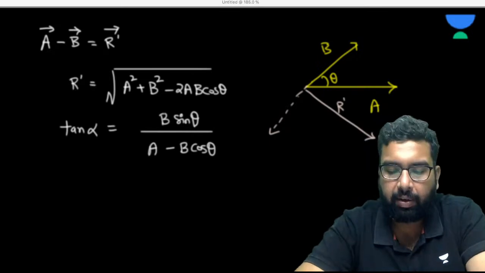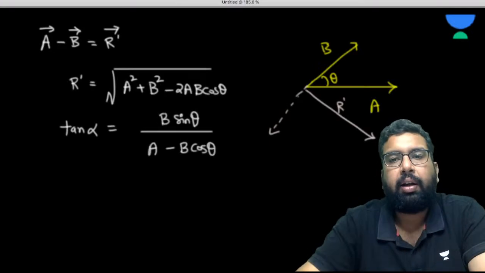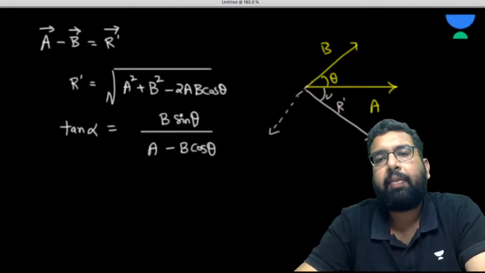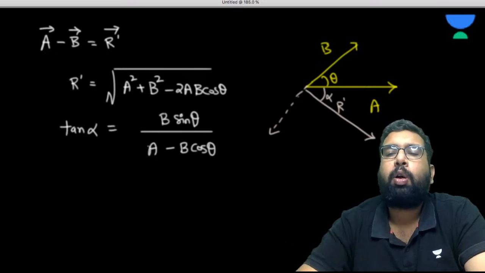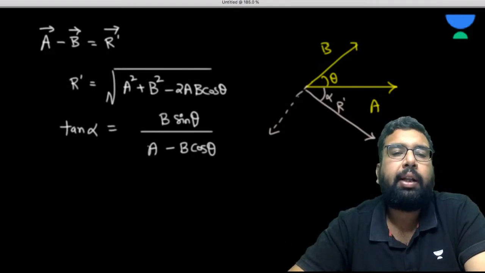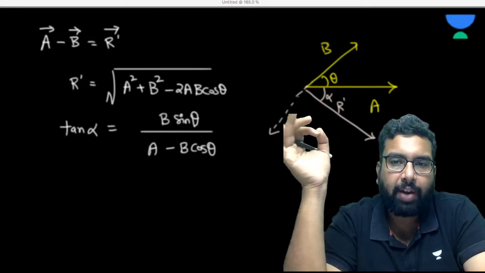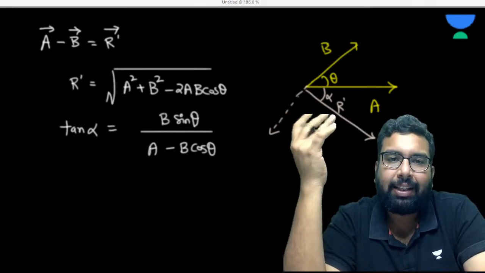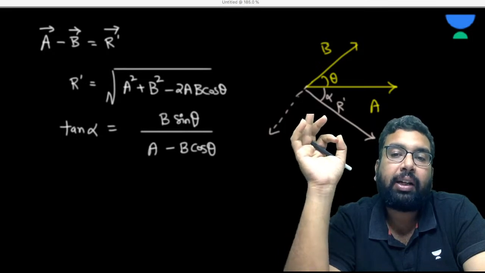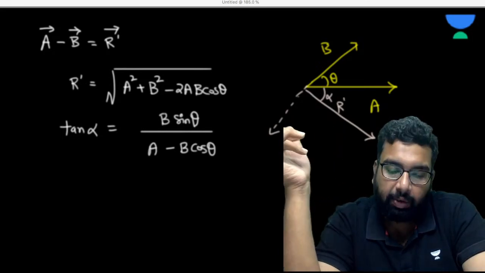And here the alpha is again taken from the A vector. So in the last session, guys, we sorted out how we do the subtraction of two vectors, which is nothing but addition of a vector with the negative of another vector.